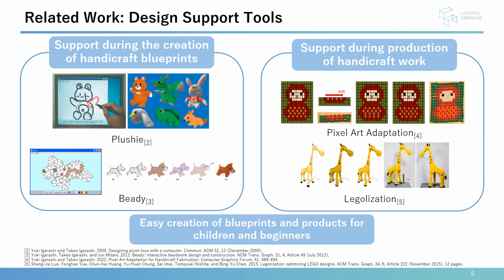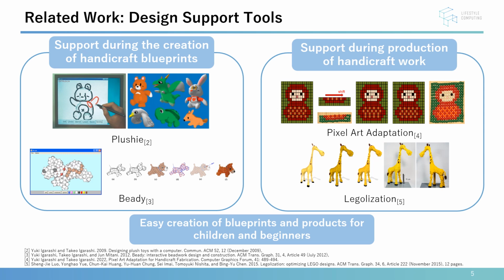I will now introduce related research on design support tools. Creating design plans for handicrafts required specific skills and time. However, this method allows children and beginners to easily create handicraft projects by generating design plans based on illustrations or 3D models, making the process fun and accessible.